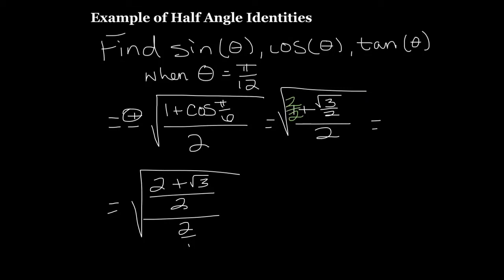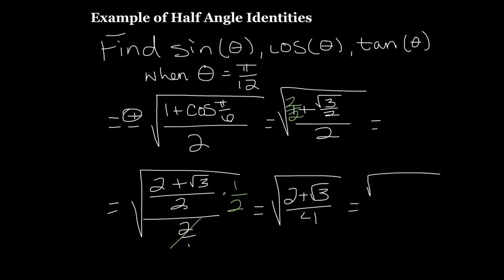And then we will multiply by the reciprocal and get an almost final answer of 2 plus root 3 over 4, and then take the square root of what's in the denominator, so we get a radical and a radical there, kind of gross, but then we can simplify the denominator.